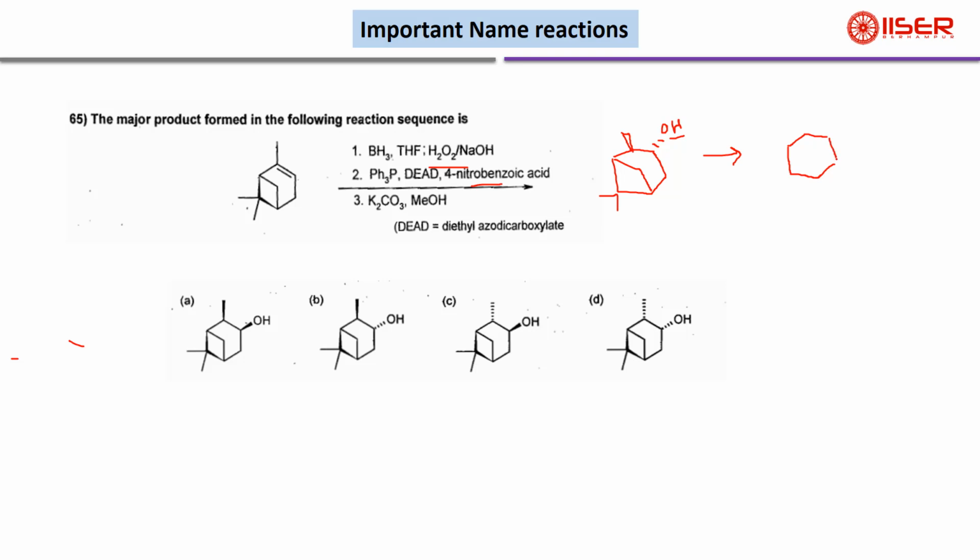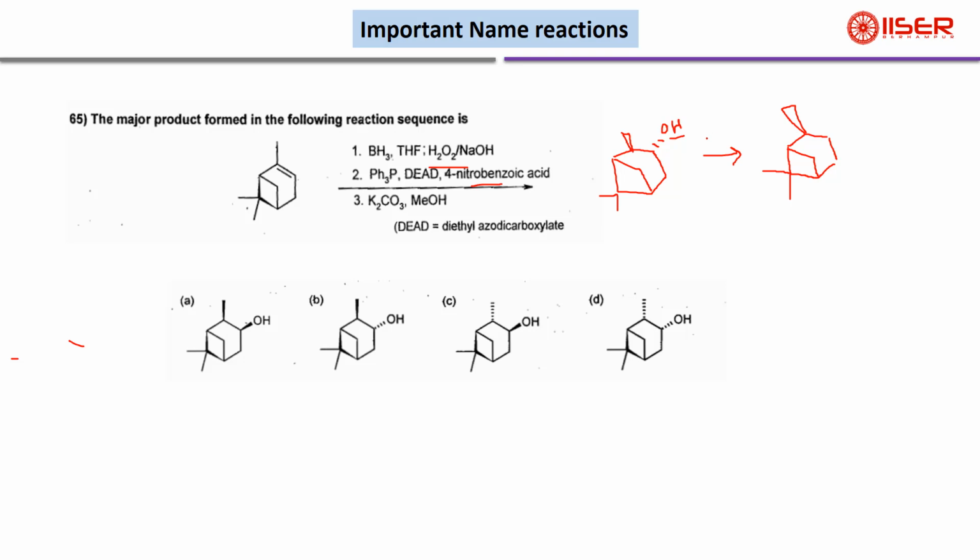But in case of the Mitsunobu reaction, you have to keep in mind the mechanism. In the Mitsunobu reaction, the reaction is always an SN2 reaction. Whatever is the stereochemistry of the OH, the upcoming acid comes from the opposite plane of that one. Because this OH reacts with PPh3 and turns into a good leaving group. I have already discussed this Mitsunobu reaction. If you want to know, you can go and check the previous classes.